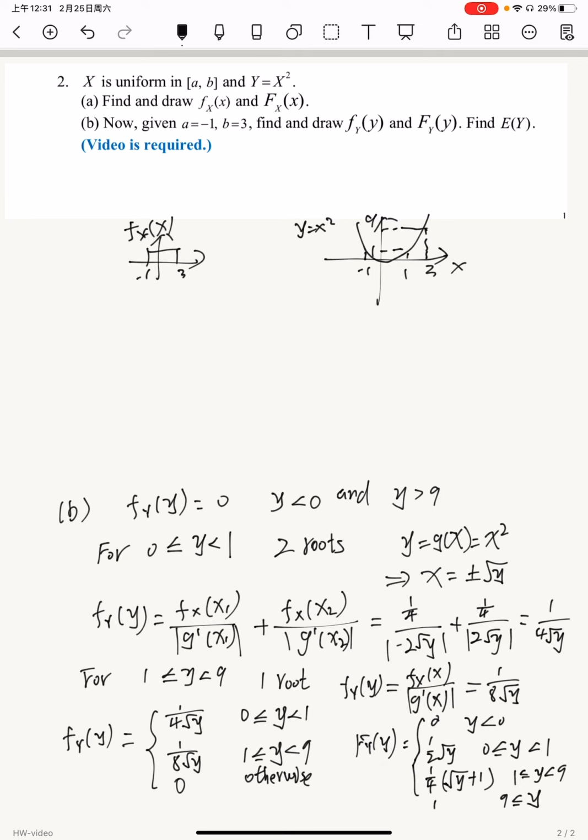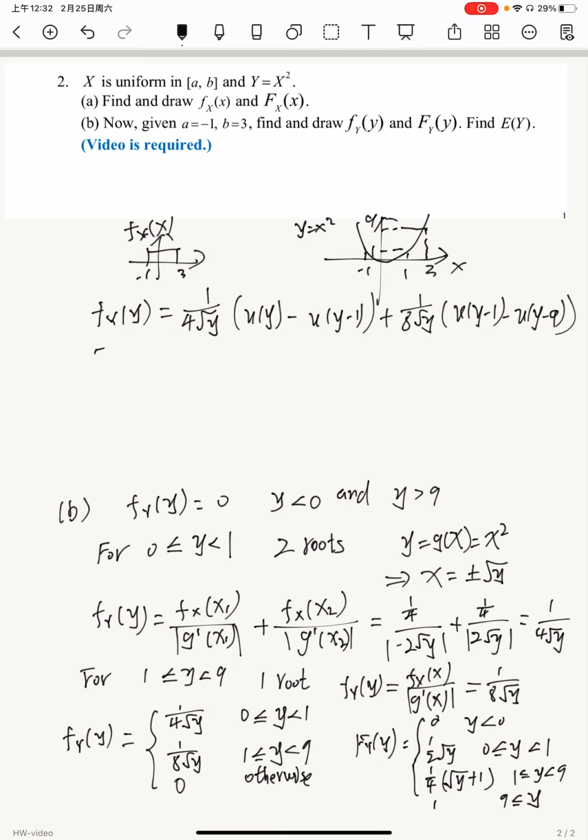We can write it in another form, using the unit step function: f_Y equals u(y) minus u(y minus 1) times its expression, plus u(y minus 1) minus u(y minus 9) times its expression.